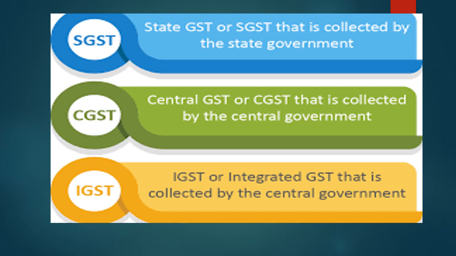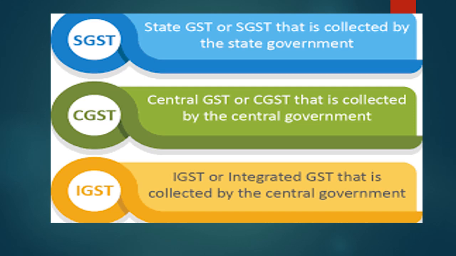When any item is purchased in the same state, then there are two taxes calculated over it. One is SGST, other is CGST.